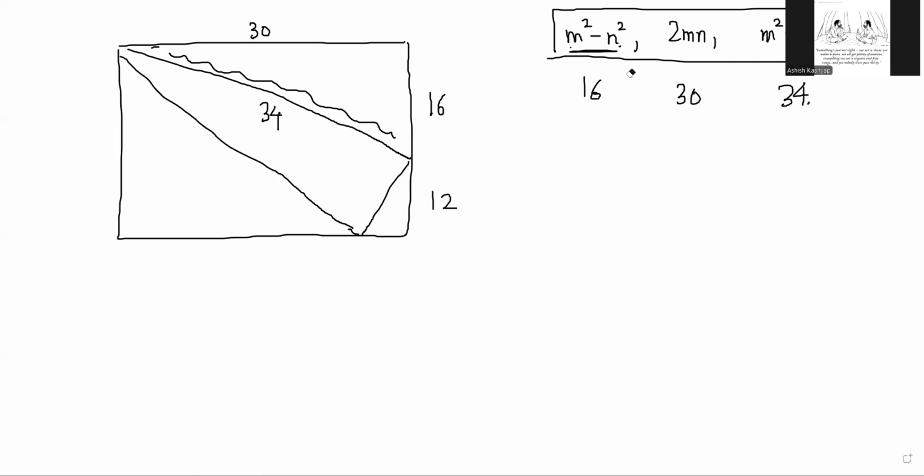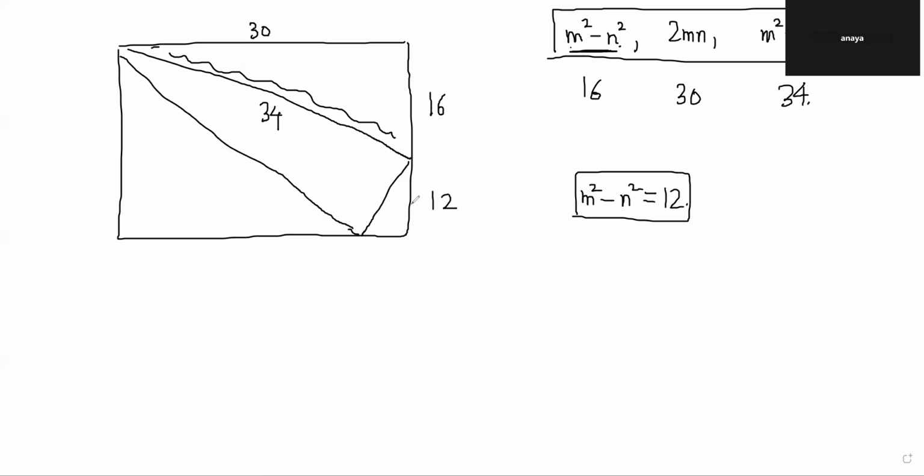2mn could have been the other one, and m square minus n square. Is it possible for m square minus n square to be 12? It could be possible that that one is 12, instead of 2mn being 12. So think of squares where the difference is 12. So 9, 16, 25, 36, 49.